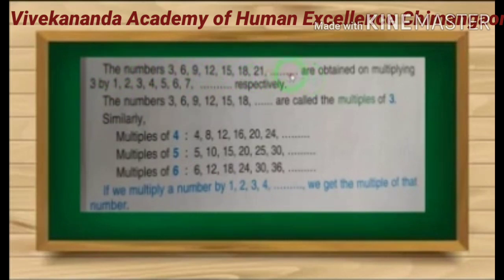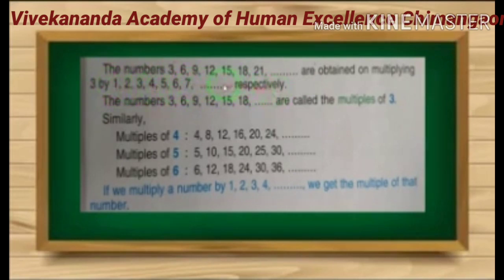So the numbers 3, 6, 9, 12, 15, 18, 21 and so on are obtained by multiplying 3 by 1, 2, 3, 4, 5, 6, 7 and so on respectively.